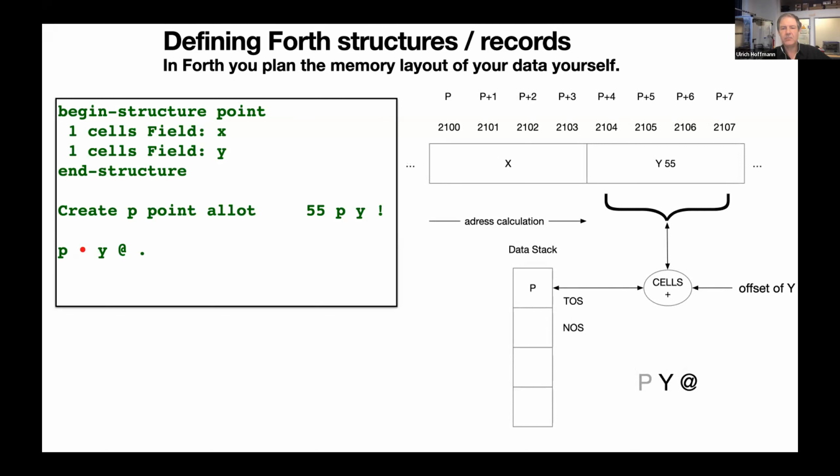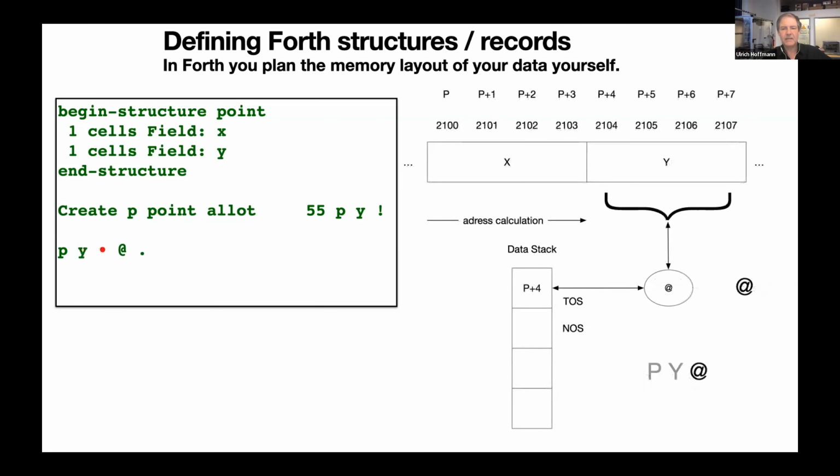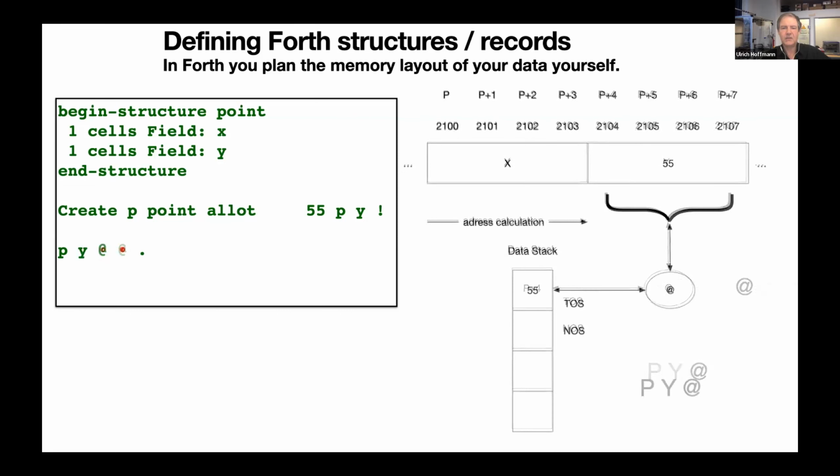It assumes to have the base address of the structure on the stack, and it does the appropriate address calculation. So if we do that, then it does a plus 4 in our case, a 32-bit system. So now we have the address of y on the stack, and we can do the fetch to actually get the value 55, and then we can print it, of course, or do whatever we want with this.